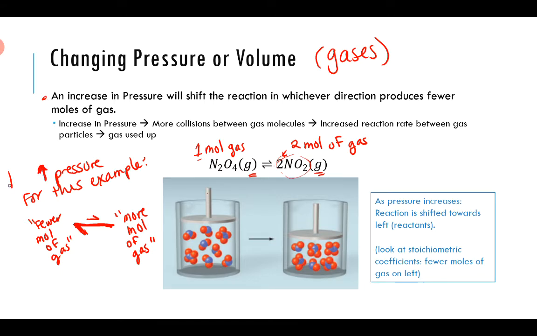But also if we decrease volume, it would have the same effect. So here you can tell in the picture that once we've increased the pressure, we do have more N2O4 than we did initially.